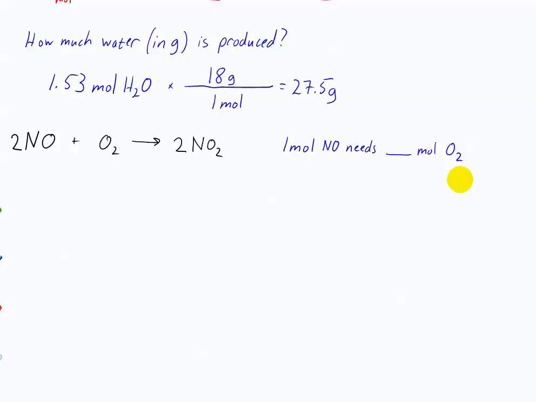If I have 1 mole of NO, how many moles of O2 do I need? 0.5, right? Because they're in a 2-to-1 ratio. So you always need half the amount of oxygen that you have in NO, in nitric oxide.